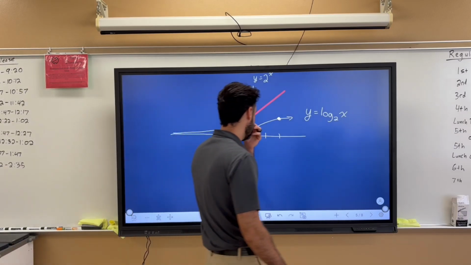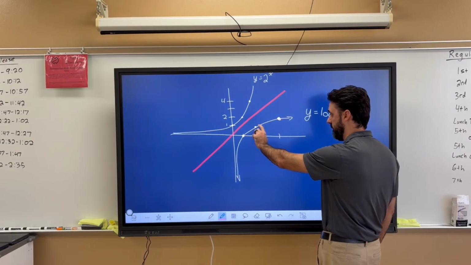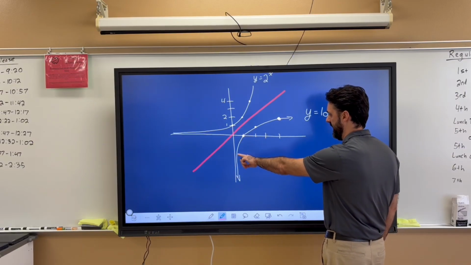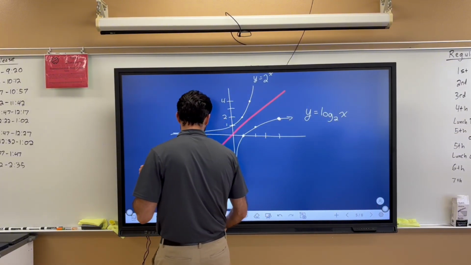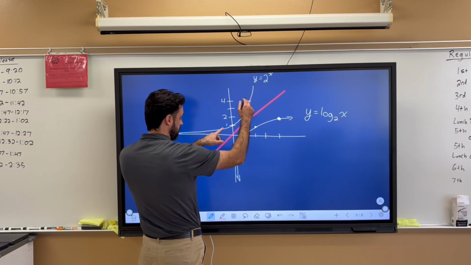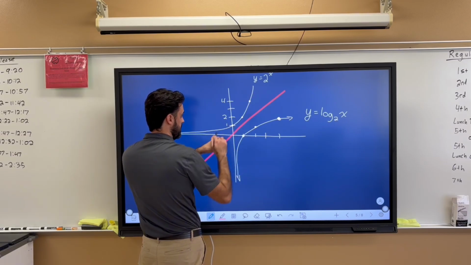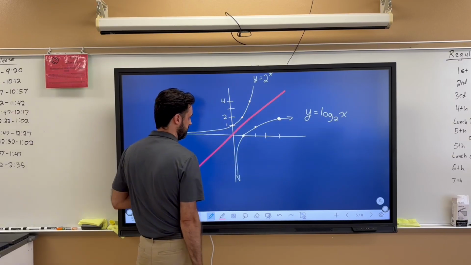So again, takeaway from this, this is what our log graphs are going to look like right here. They're going to pass through 1, 0, they're going to approach the negative y-axis, and they're going to curve this way. Now, one more point to make before we move on. With exponential functions, the y values are changing by multiplication, right? So 1 becomes 2, 2 becomes 4 because we're multiplying by 2.